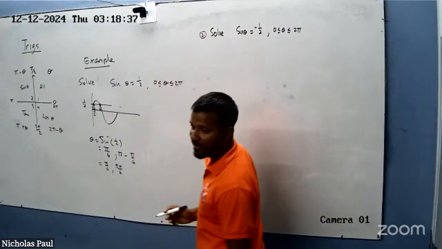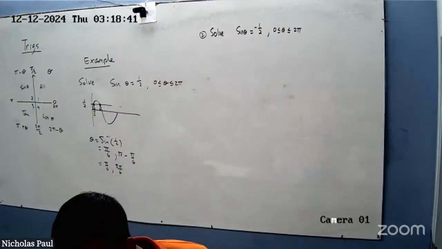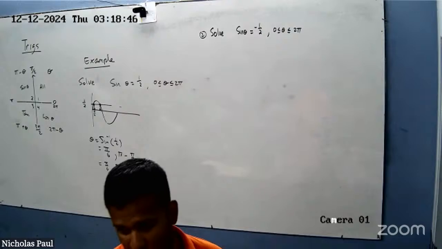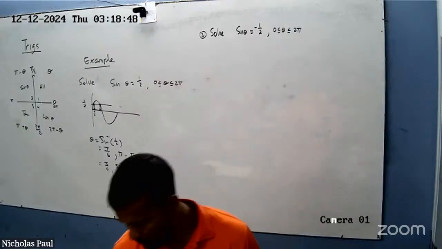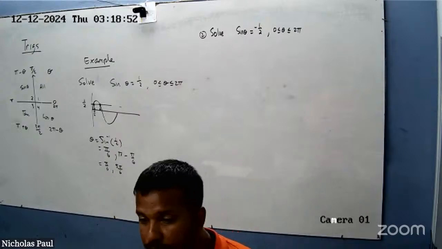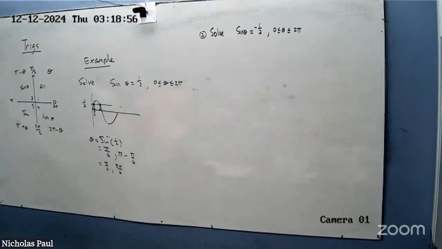Try that fast there. Sine theta is equal to minus a half now.